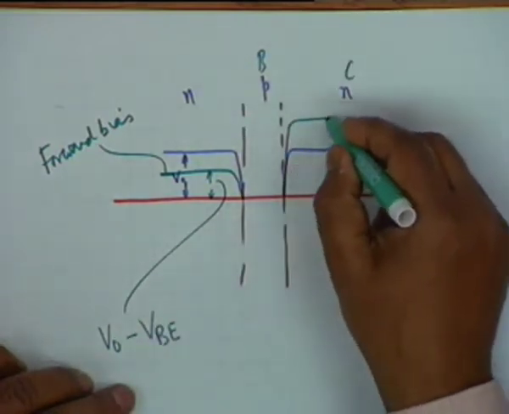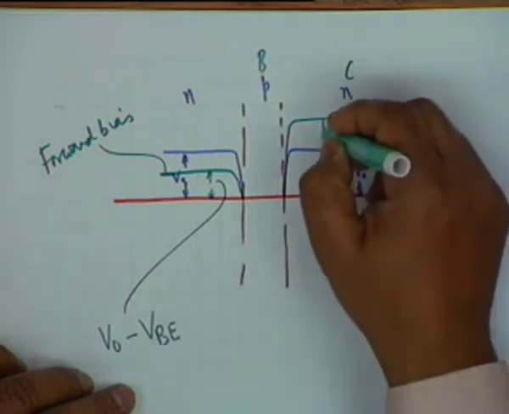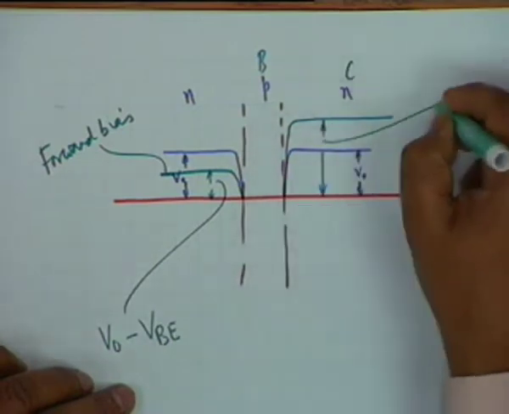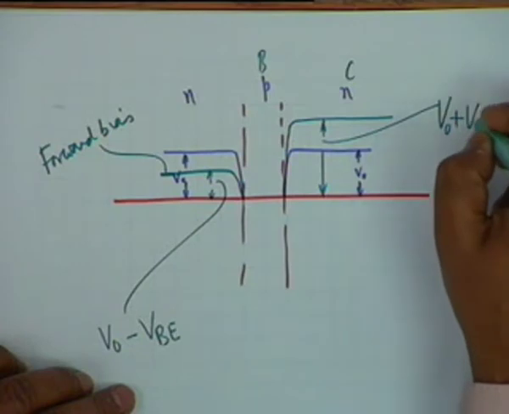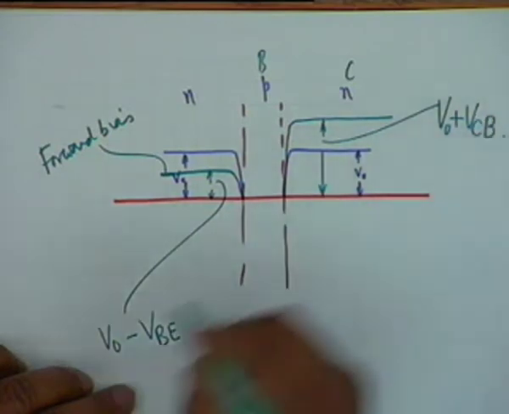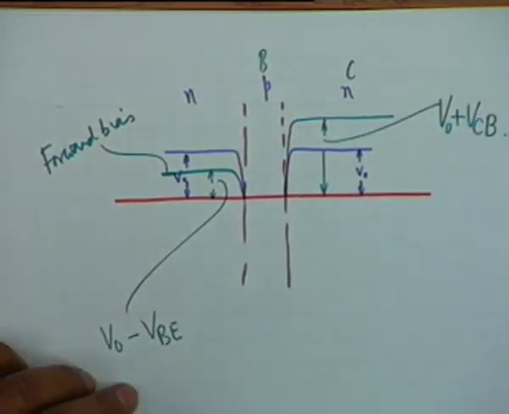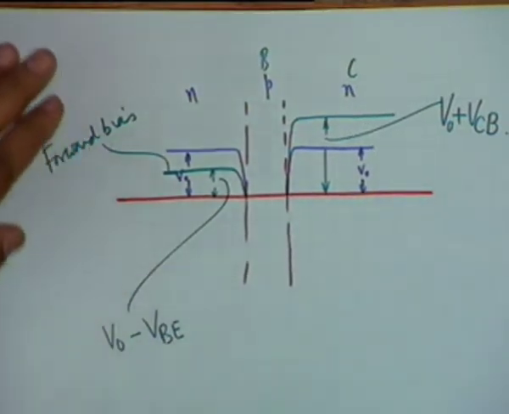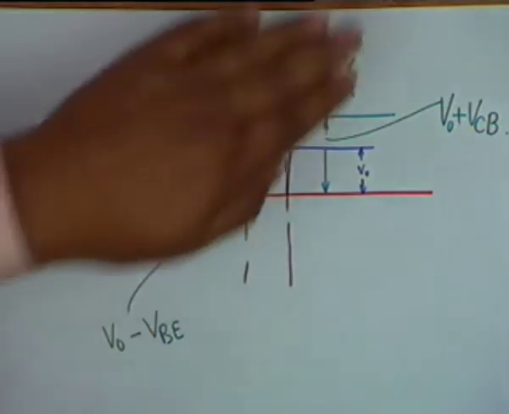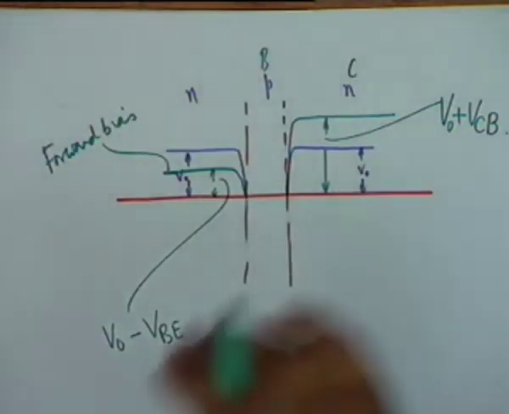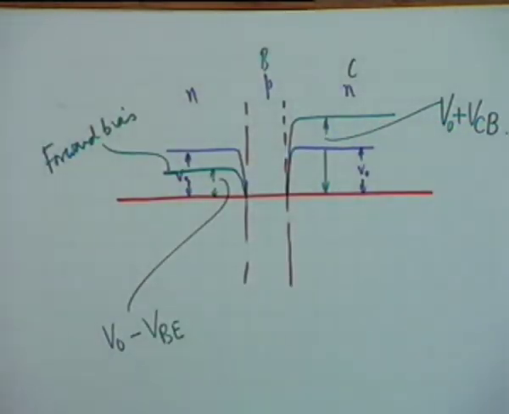This potential barrier goes up, and this height shall now be V0 plus VCB. All right. So on the left side the barrier is reduced, on the right side the barrier is increased. Now it's very easy to explain what actually happens.